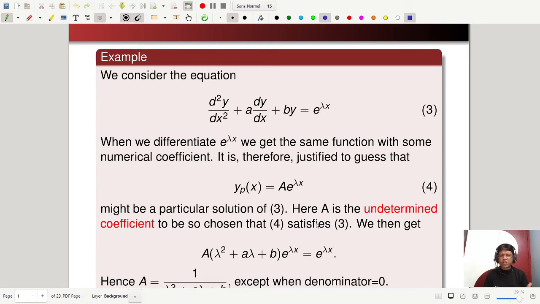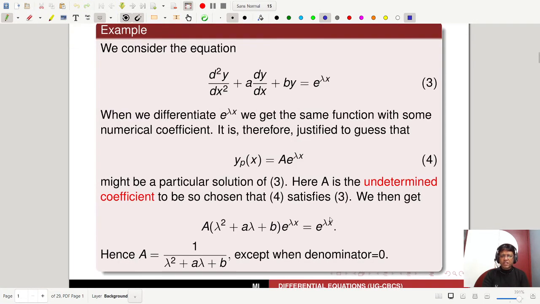Because the derivative of the exponential function is the exponential function with some numerical coefficient. It is therefore justified to guess that yp(x) equal to A e to the power lambda x, where A is an unknown. Then this type of yp might be a particular solution of 3. Here A is the undetermined coefficient to be chosen so that 4 satisfies equation 3.